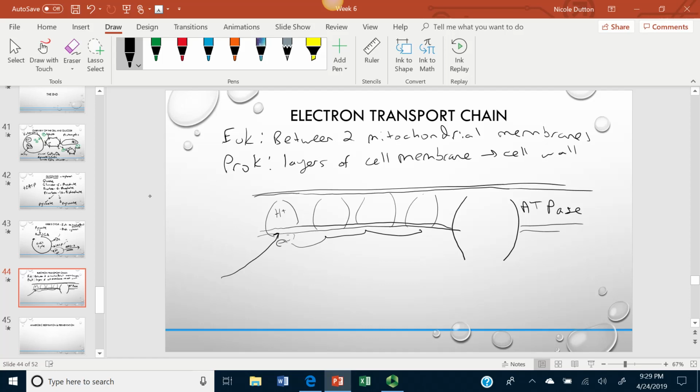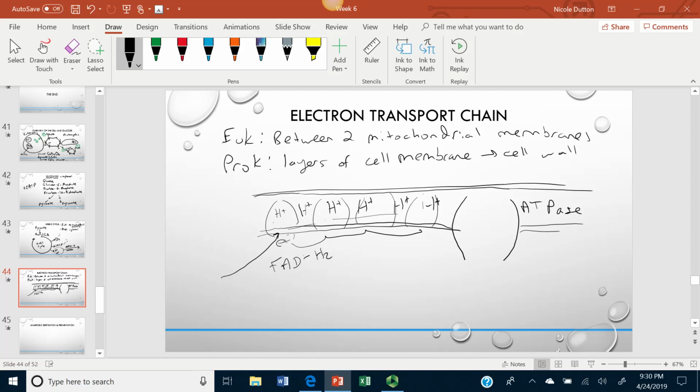FAD is also involved in these complexes, and FAD can transport 2 hydrogens. So now you've got an accumulation of hydrogen ions in this intermembrane space. And they're super concentrated, and if you know anything about acids, acids have a high hydrogen ion concentration. So this is really acidic and volatile.